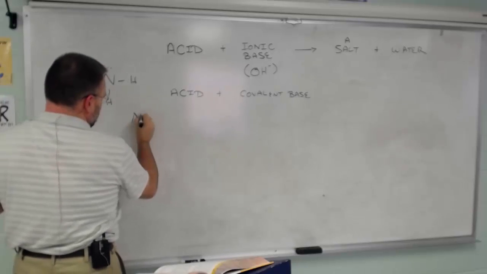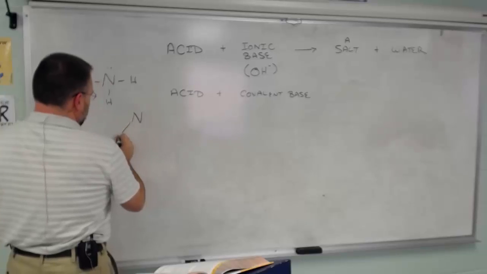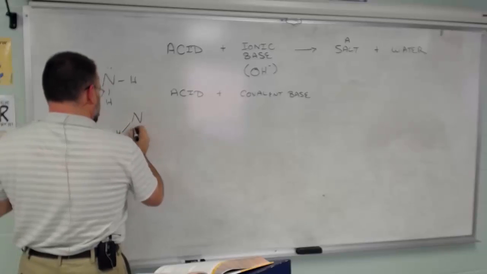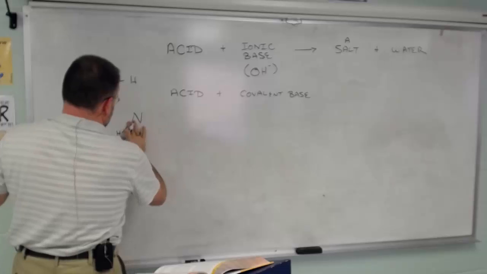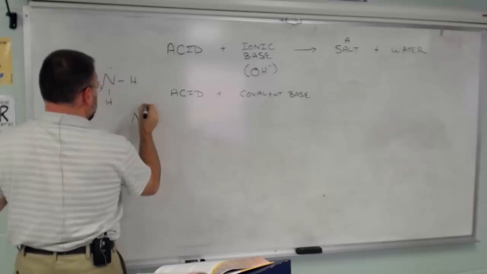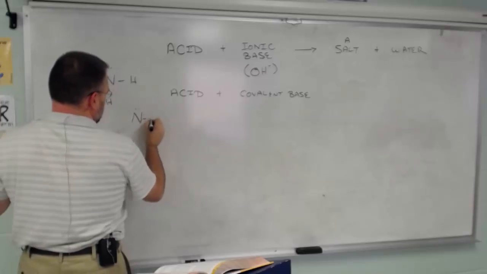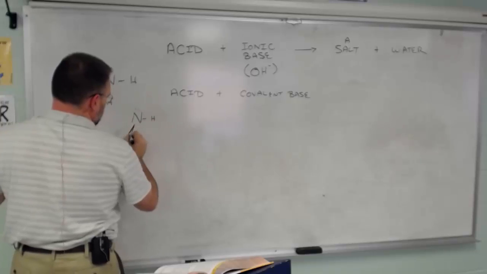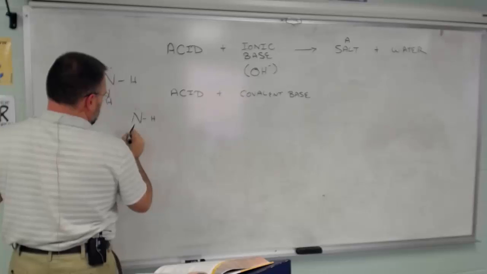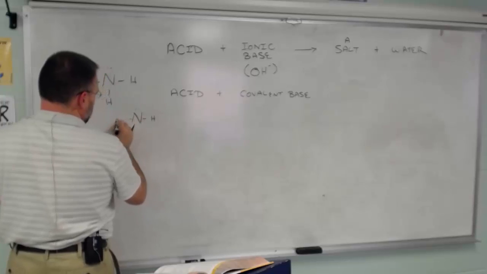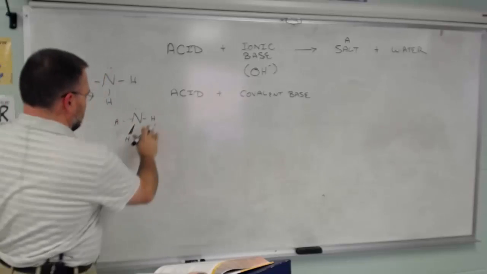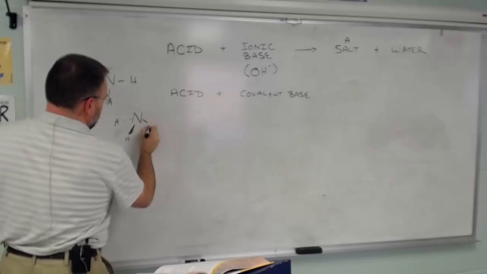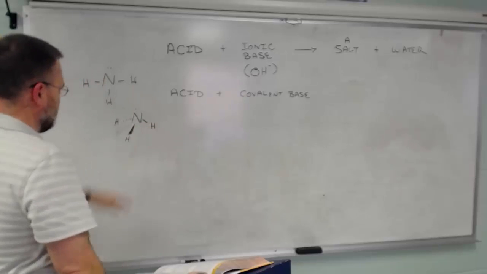My nitrogen is the top of my tripod, and I have a hydrogen, and I have my unbonded pair, and I have a hydrogen, and I have a hydrogen coming forward, and I have a hydrogen going back. So I've got a tripod. This, if you wanted to draw it this way, you could, maybe a little bit like that. Okay, so that's in the plane.